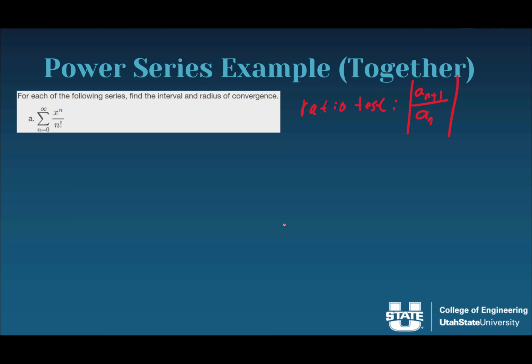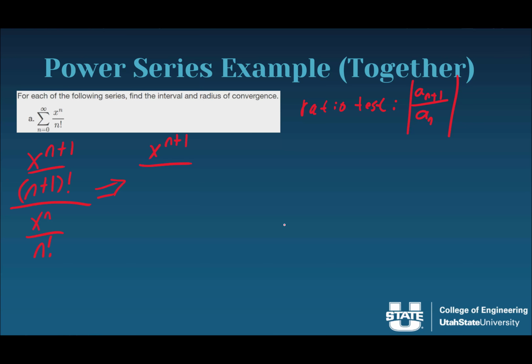So we're going to apply the ratio test to this series to see if it converges or not. We have x to the n plus 1 over n plus 1 factorial, all over x to the n over n factorial. Cool. After that, it's going to go to x to the n plus 1 over n plus 1 factorial.